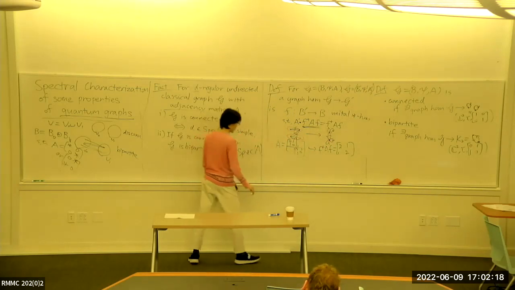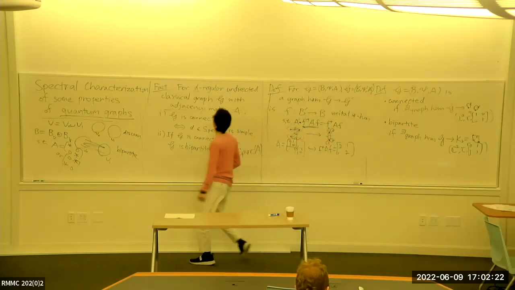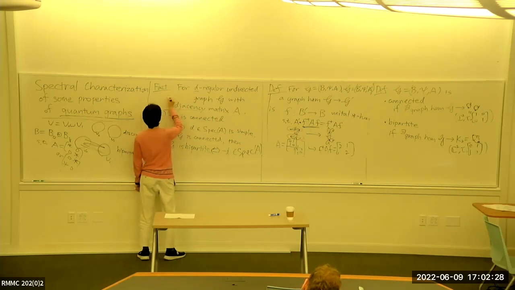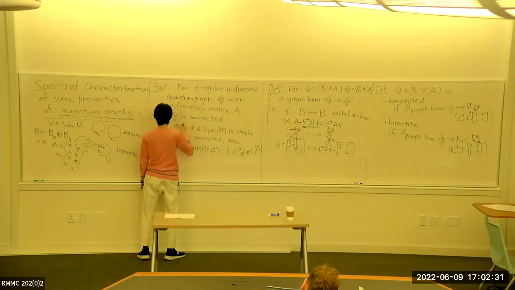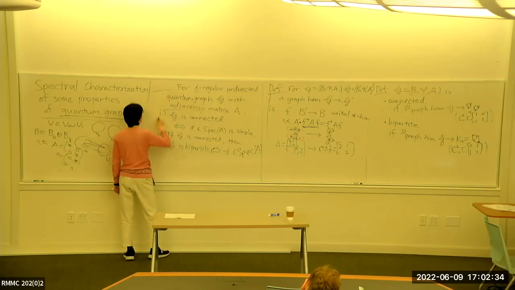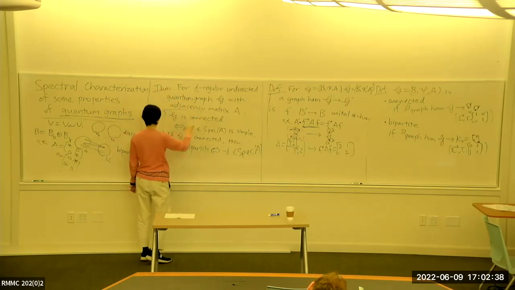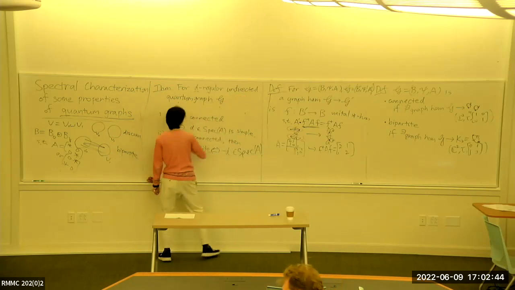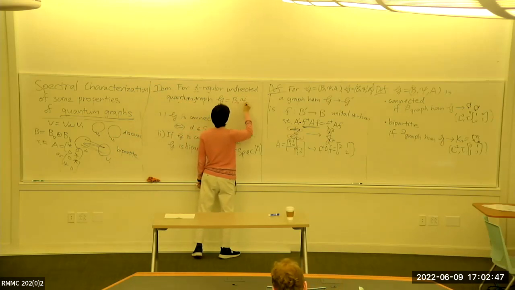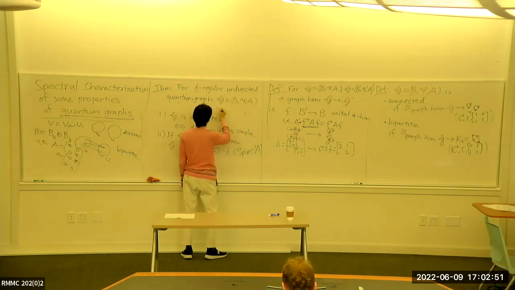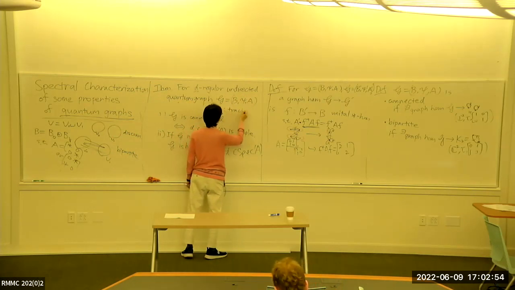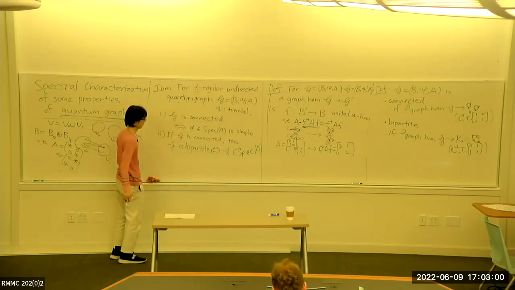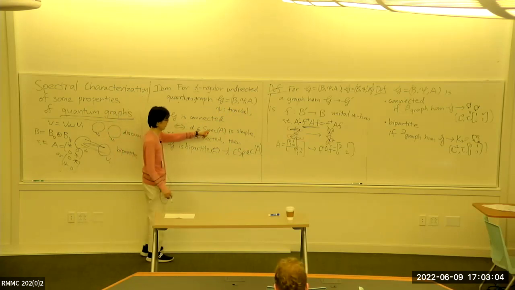Then, by these definitions, I obtained that for the regular undirected quantum graph G with threshold state, we can show that this quantum graph is connected if and only if the degree D is a simple root in the spectrum.